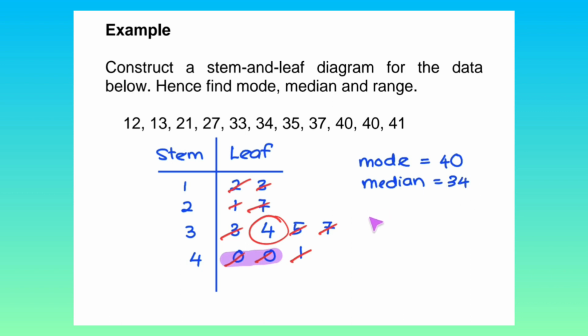What is range? Range is equal to the largest number minus the smallest number. The largest number is 41 minus the smallest number is 12. So 41 minus 12. So what is the answer? 29, right?